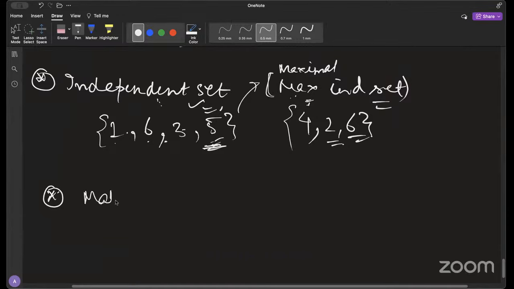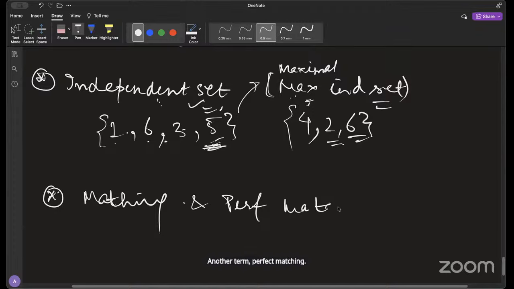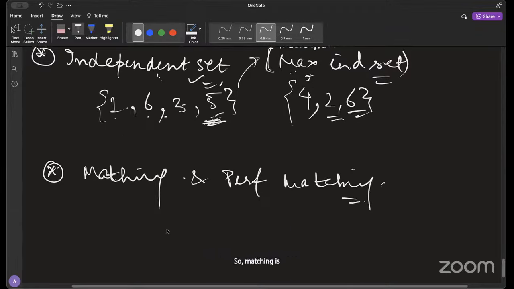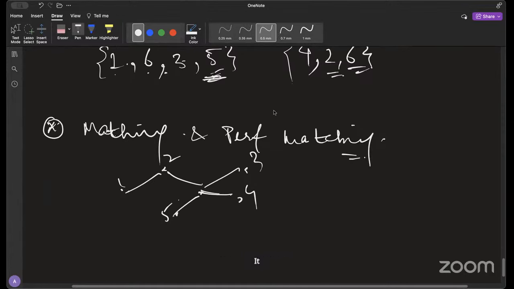Then we have something called matching and another term, perfect matching. So matching is basically, let's just say you have a graph here. A matching is a collection of edges such that no two edges have a common vertex.